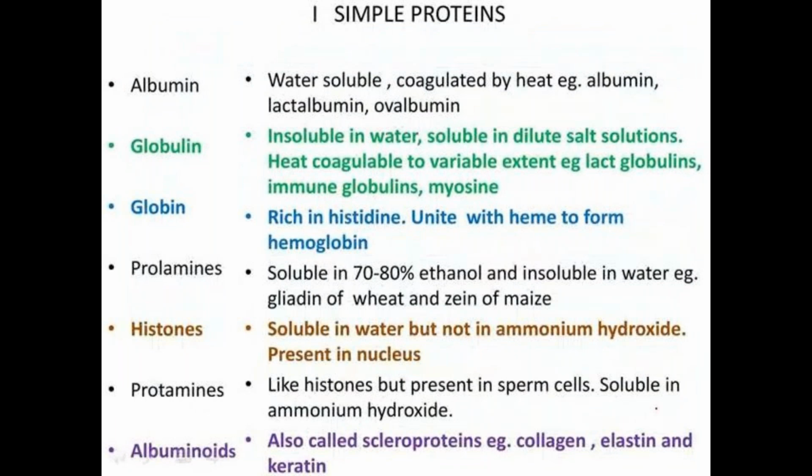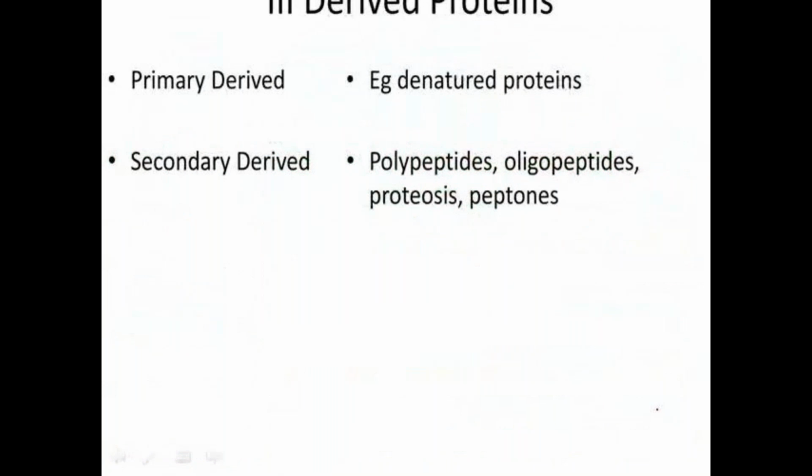And next, coming to the derived proteins, and these are mainly primary derived proteins and secondary derived proteins. Primary derived proteins are mainly called denatured proteins. That means when proteins are denatured, that gives rise to the primary ones. These are derived from proteins, hence they are called derived proteins.